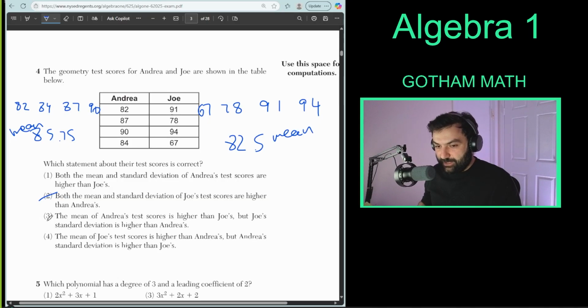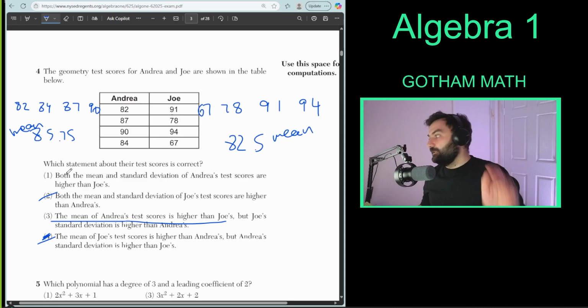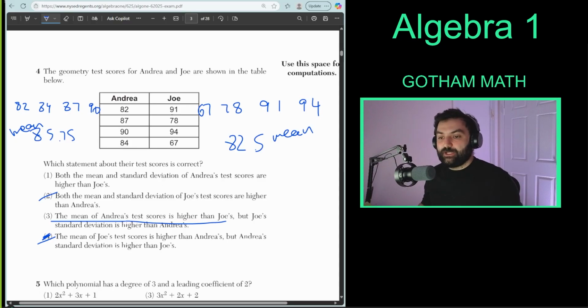So that's part yes. But Joe's standard deviation is higher than Andrea's. Okay, so this is a possibility. The mean of Joe's test score is higher. No. All right, guys. So we arrived in between 1 and 3. Well, at least if you know how to do a mean, even if you don't know what the standard deviation is, that's at least what you can do to give yourself a 50-50 chance.